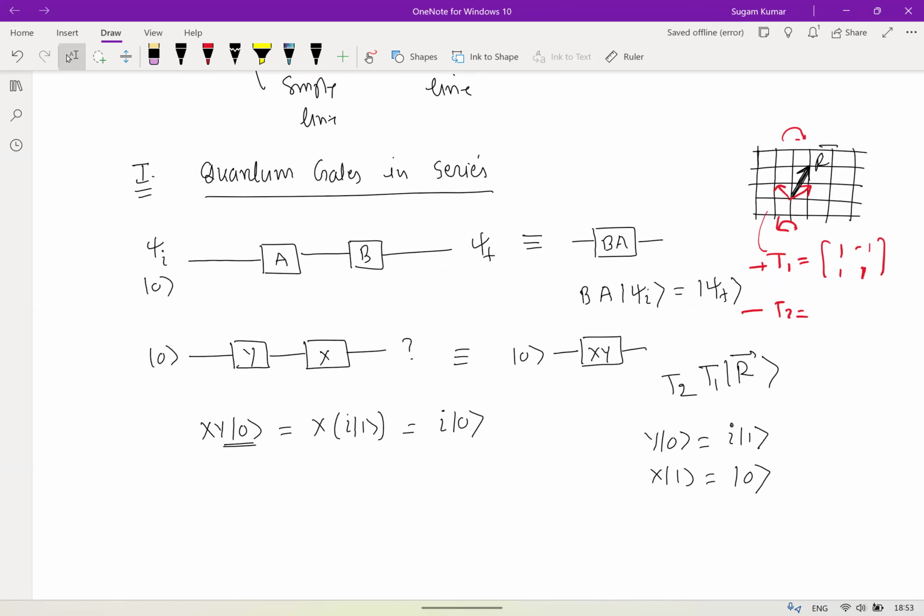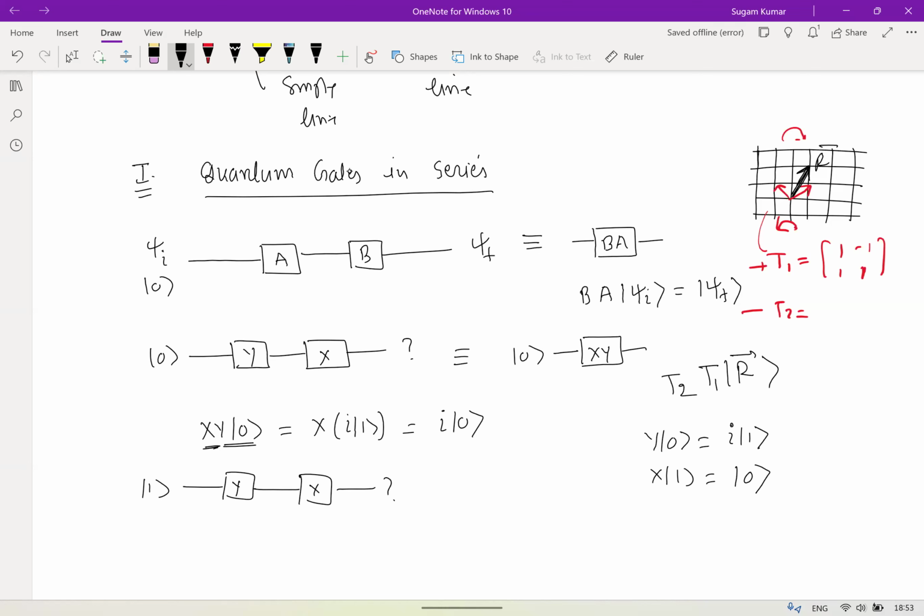Or maybe again the same thing in the matrix. In the matrix also you do the same thing. You can multiply these two matrices and then you can operate, or vice versa, whichever way you like. Both are the same. Similarly, let us say you have 1 and this 1 is operated on by y and then by x.